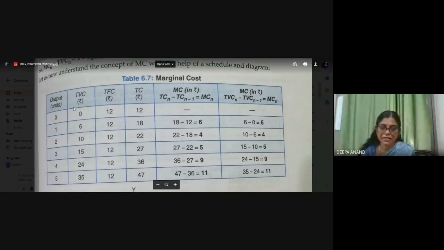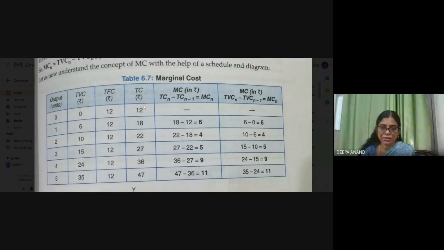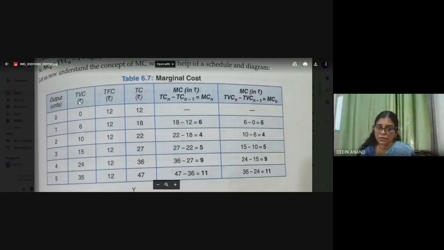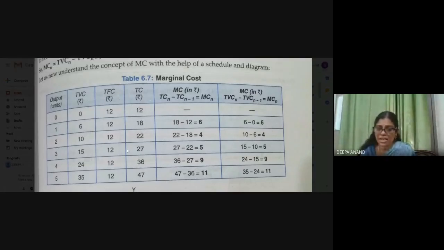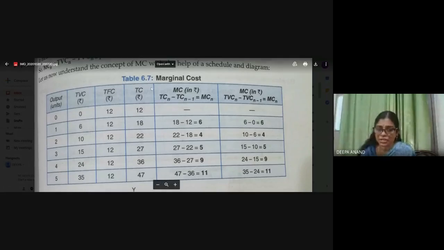So when TVC is given, TFC is given, and TC is given, in this case marginal cost, we are not taking the average cost. Average concept is over. Now we are coming back to the total cost: total variable cost, total fixed cost, and total cost. Here in total cost, when we produce each addition, what is the change in the cost? That is MC.